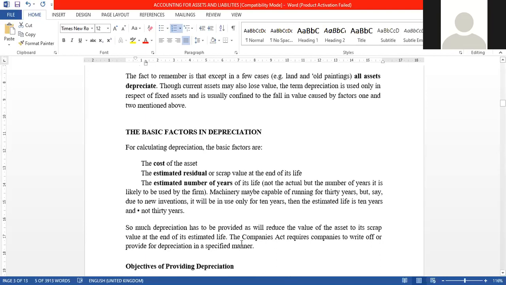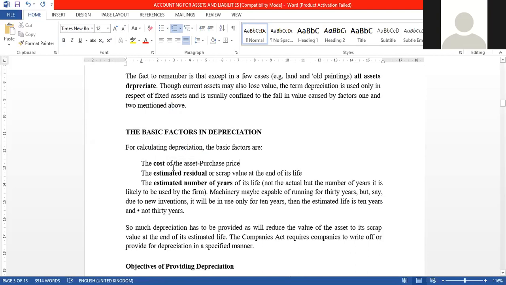And therefore, it is important for us to get these basic factors when we're talking about depreciation. One is the cost of the asset. This is the value at which it was bought, the purchase price. That is the price at which we bought the equipment.